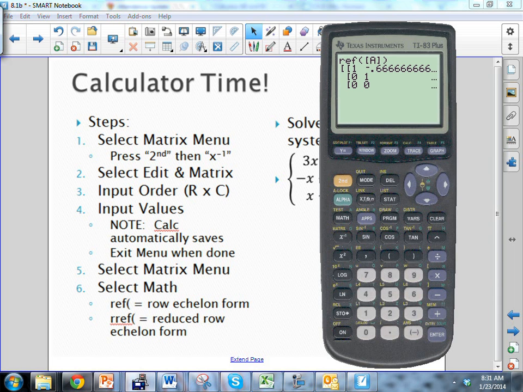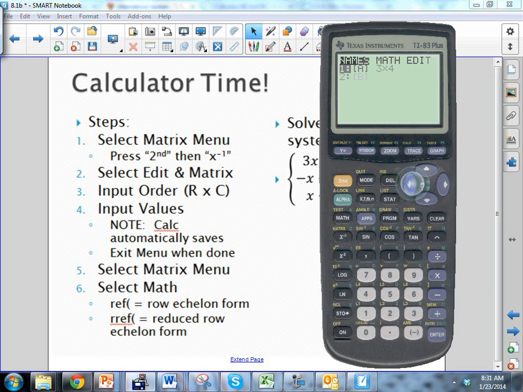So that R means reduced. When you pull up your matrix menu, this is the list of matrices that you can call up to do operations with. When you go to edit, that's where you change your matrices.